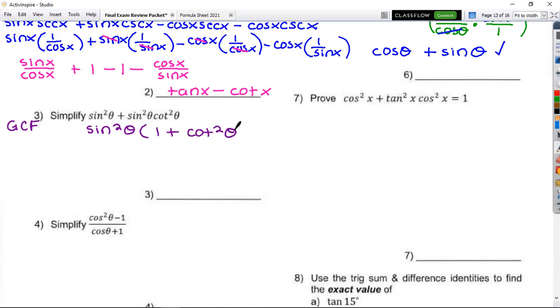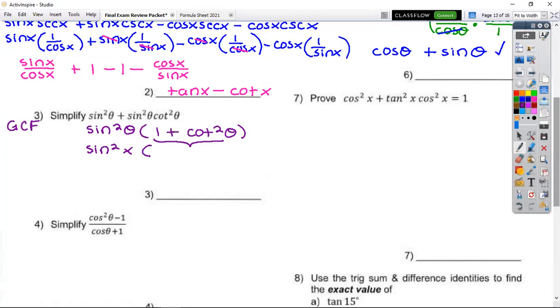I'm going to look inside at my parentheses, and then I'm going to take a glance at my formula sheet. And on the right-hand side of your formula sheet, what can I replace 1 plus cotangent squared theta with? Did I see it? Cosecant, good. Oh, I just changed that to an x, I apologize. Guess it doesn't technically matter, but.